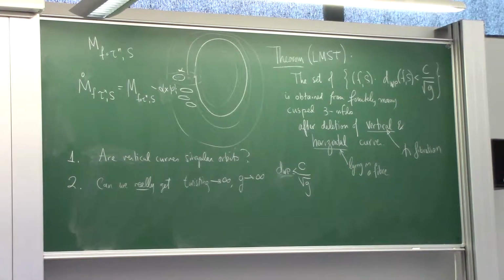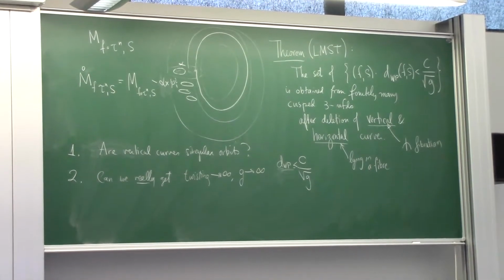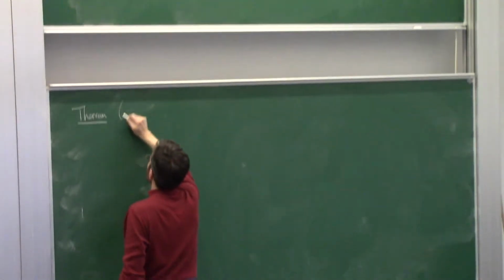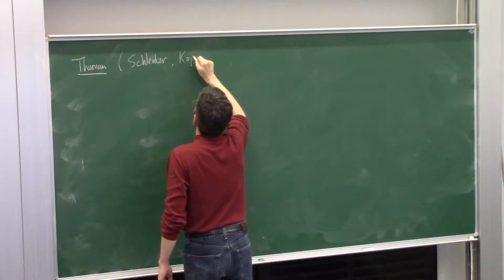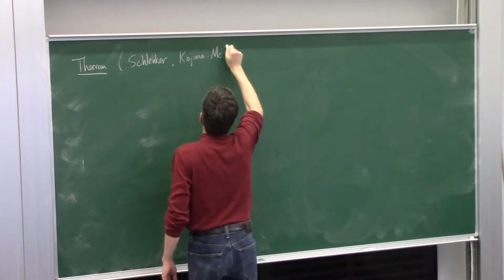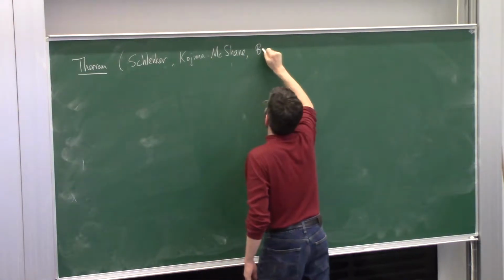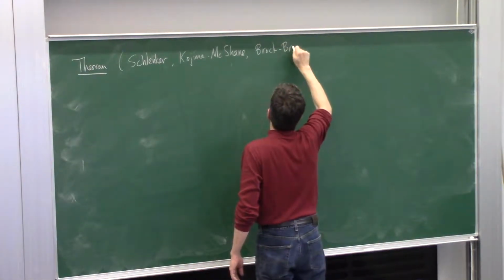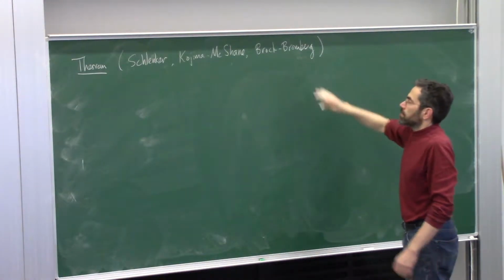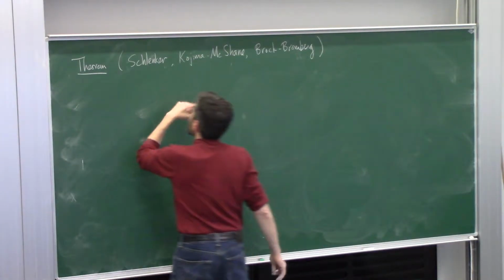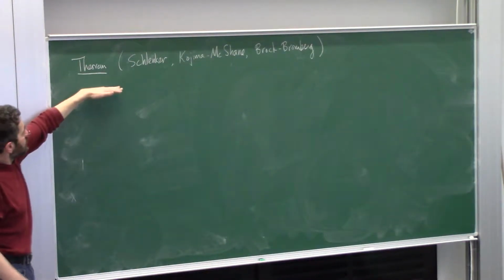So how do we convert this statement into a statement about 3 manifolds? So this theorem is work of several people: Schlenker, Kojima-McShane, Brock-Bromberg. I think the statement I'm going to use appears in the work of Brock and Bromberg, but the techniques are done by all of these people.